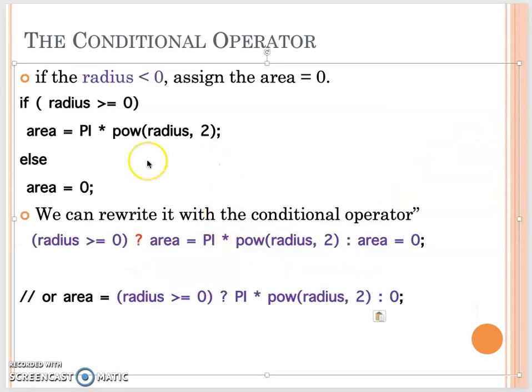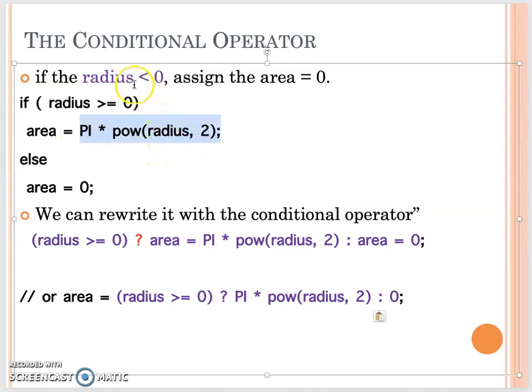Let's see another example. Sometimes we want the user to enter the radius value, then we can calculate the area of a circle. But sometimes the user accidentally gives a radius less than 0. Should we still calculate the area equal to pi r squared?